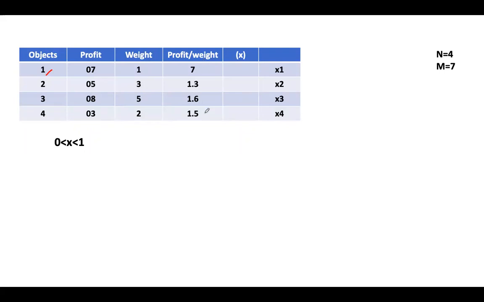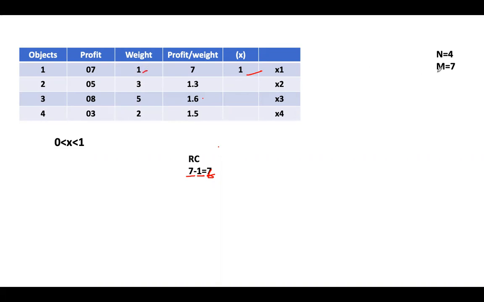Whichever object has the highest profit weight ratio, that we will select first for the bag. In this case, object 1 has the highest profit weight ratio. First, I will select this one. Entire object 1 I will select. If you select the entire object, it is weighing only 1 kg.